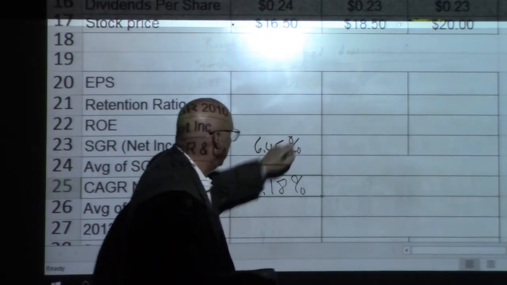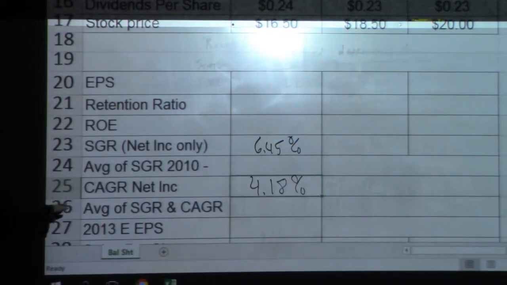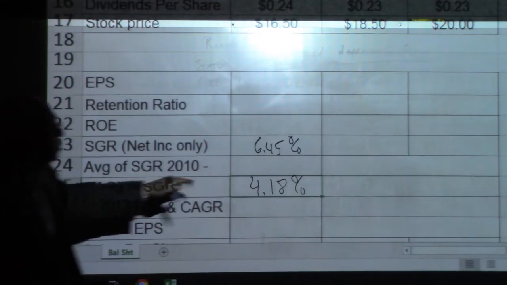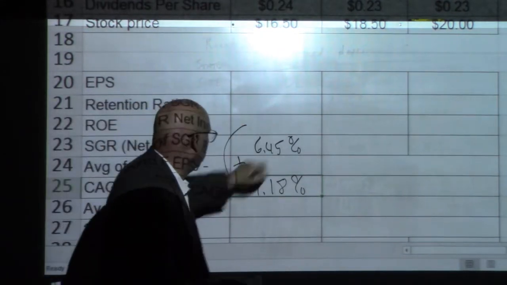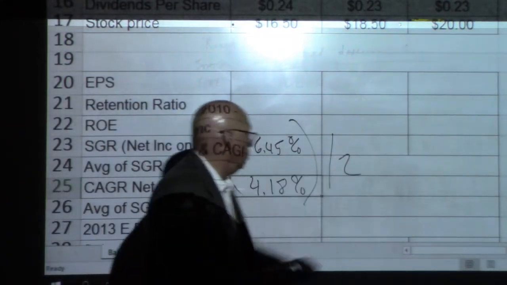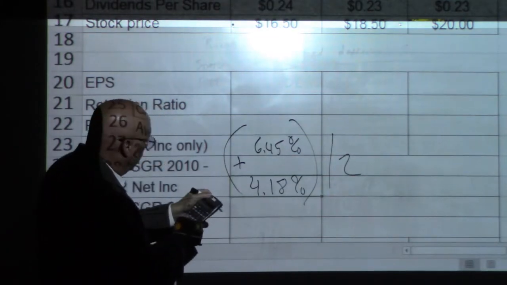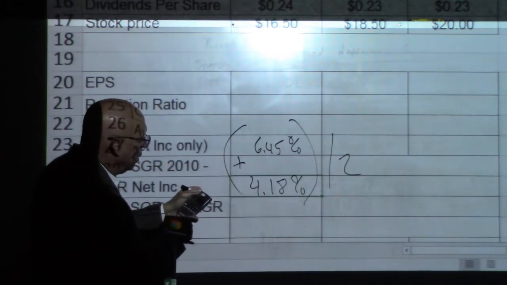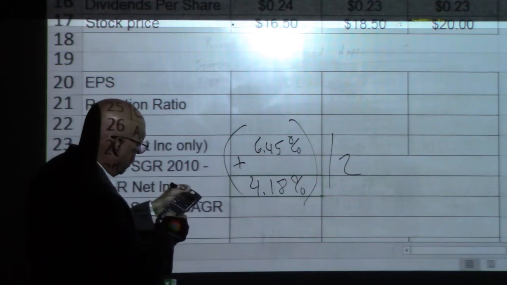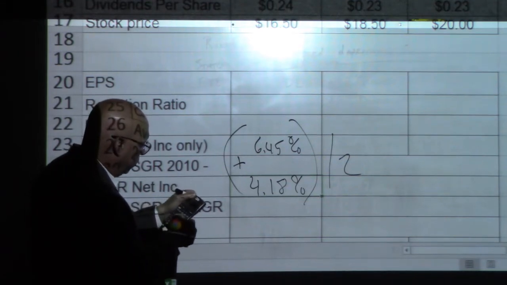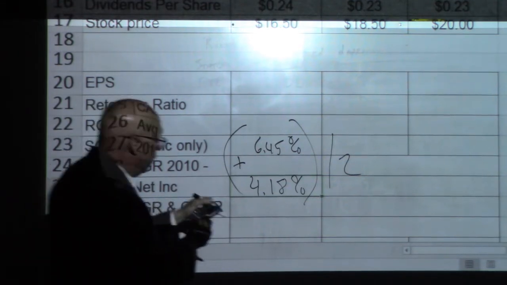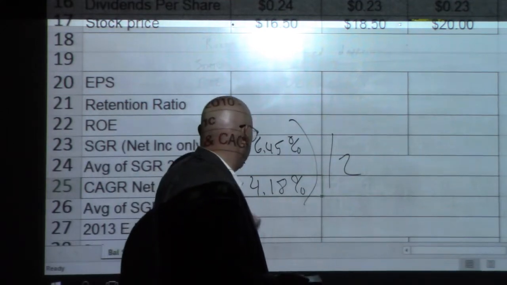All right, and we have our SGR is 6.45%. So now we find the average of the SGR and the CAGR. So this plus this divided by 2. So we have 4.18 plus 6.45 equals, divided by 2 equals 5.32%.